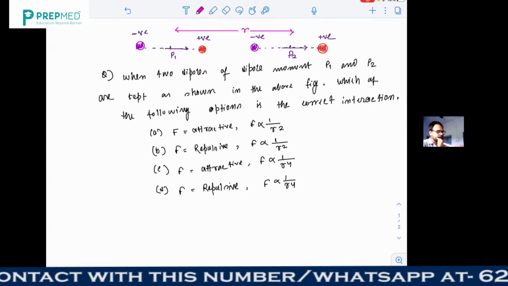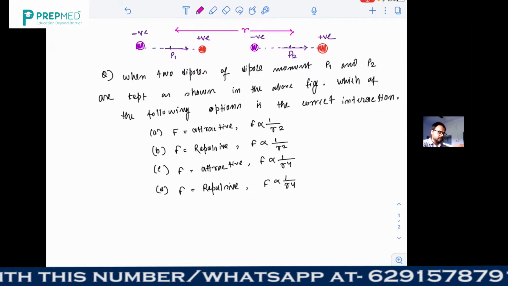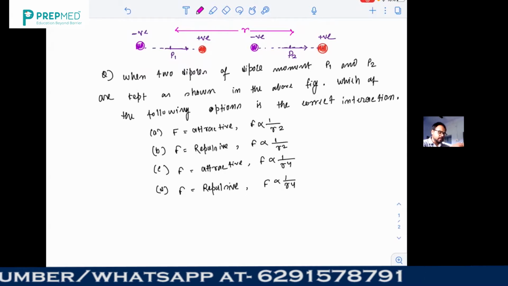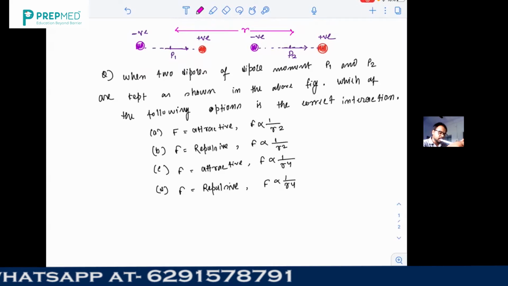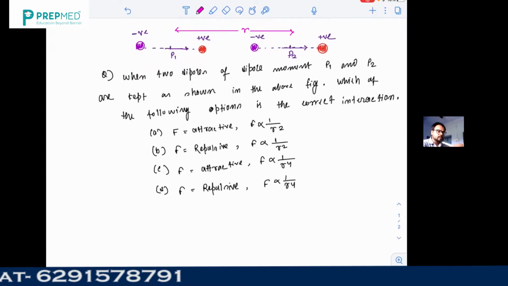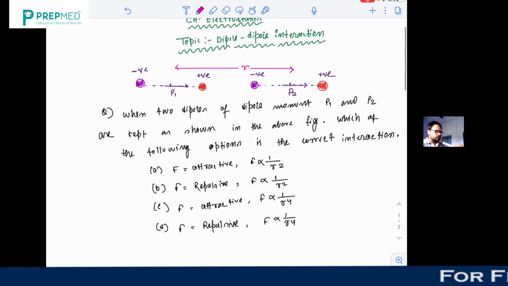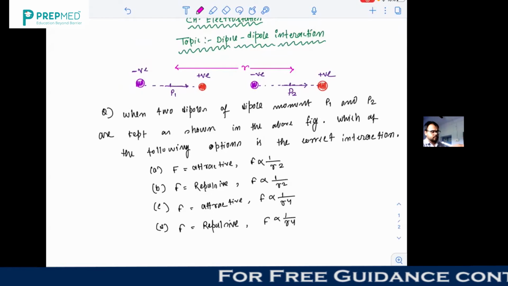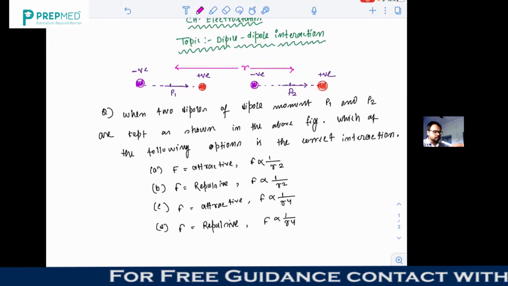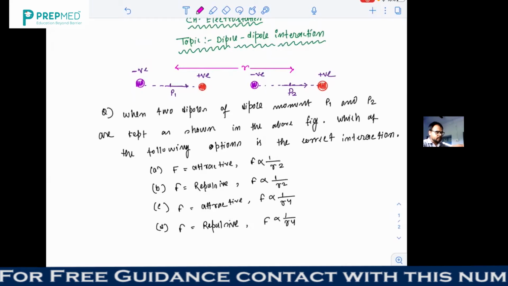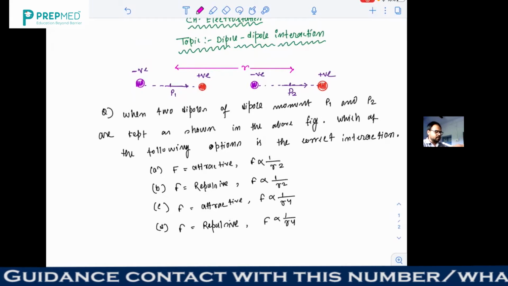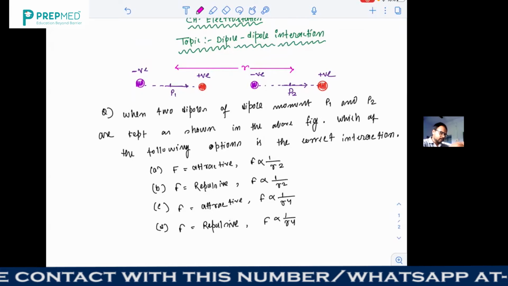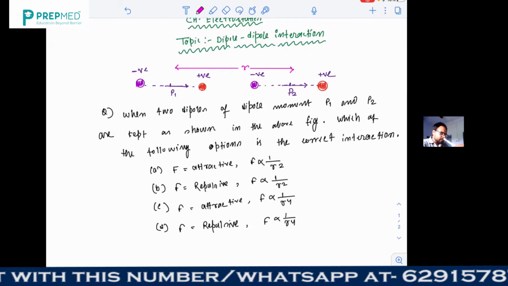The four options are: force is attractive and inversely proportional to R square, force is repulsive and inversely proportional to R square, force is attractive and proportional to 1 by R square, and force is repulsive and proportional to 1 by R square. You have to find the nature of the force, and if you can find the magnitude of the force also, you can say how the force depends on R.